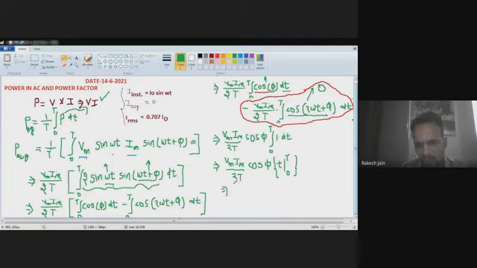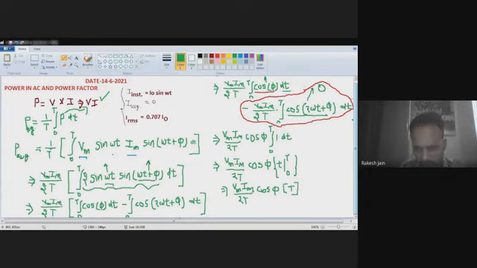See very carefully, because we are going to complete this power calculation. Vm Im divided by 2T, cos phi as it is. Put capital T in place of t, minus the lower limit 0. So T minus 0 is T.